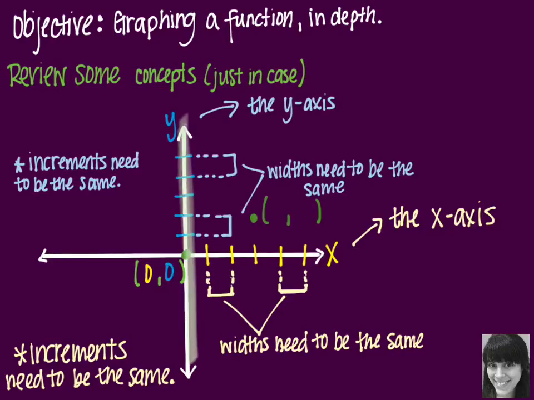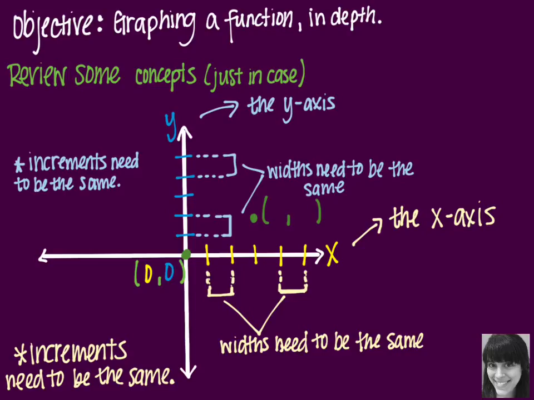Your y's need to be the same width apart. Now, do your y's and your x's have to be both the same? No, they don't. You could space out your y's a little bit more than you do your x's, or vice versa, okay? Either way, as long as the y's are the same and the x's are the same. They don't have to be the same with each other, okay?